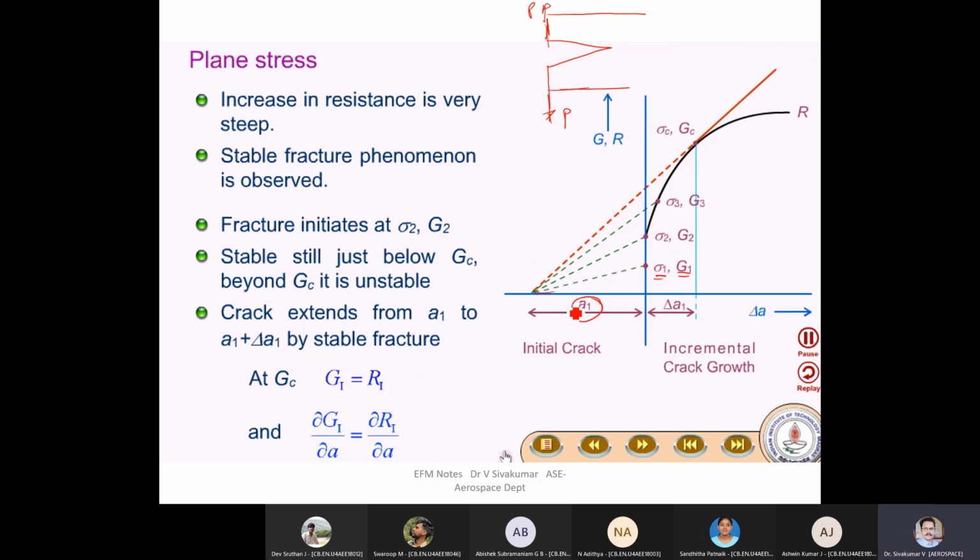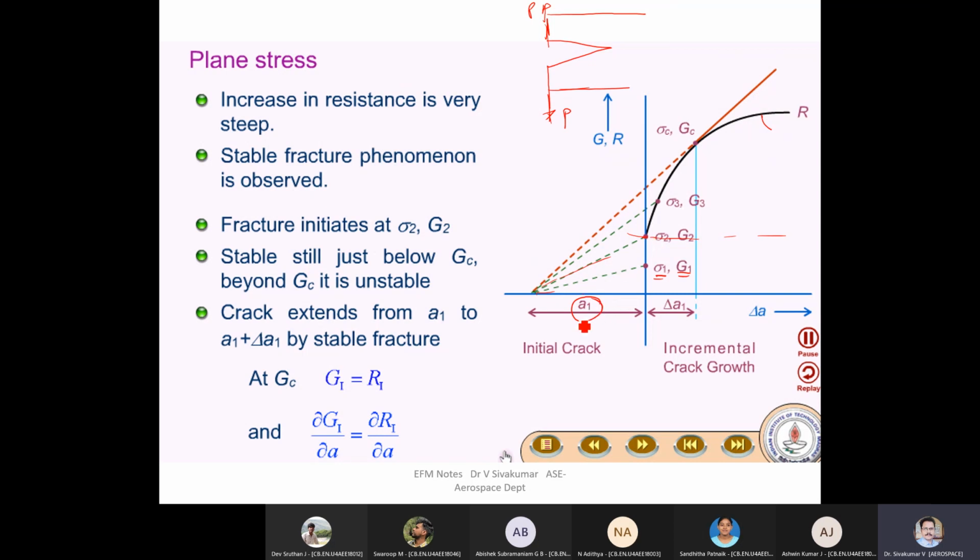I am increasing to P2, and that particular P2 is touching here. Then this is my R. This is the R point.